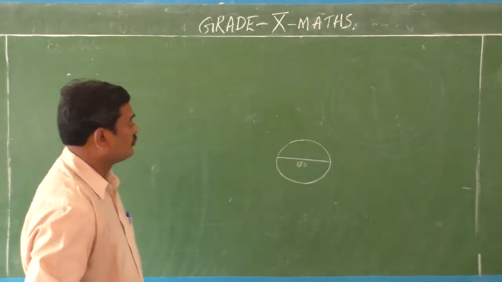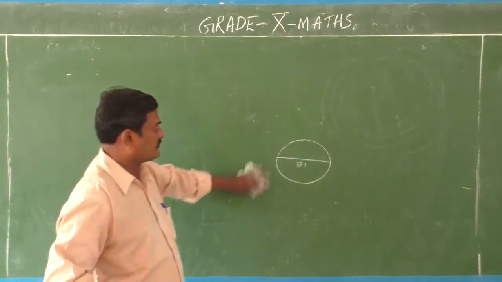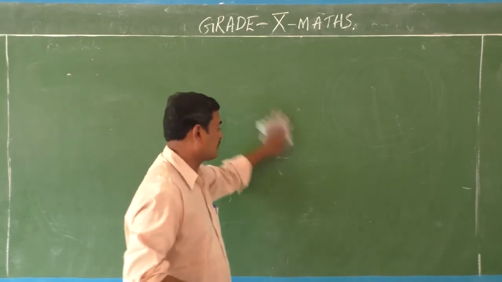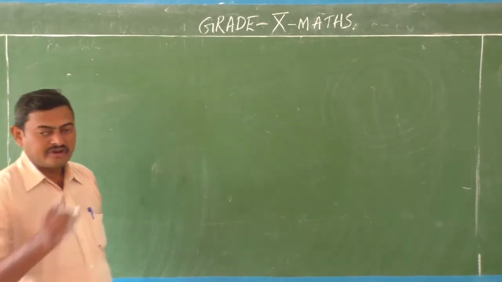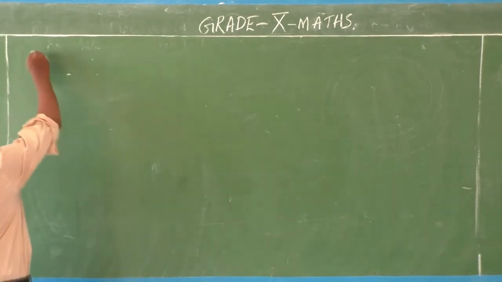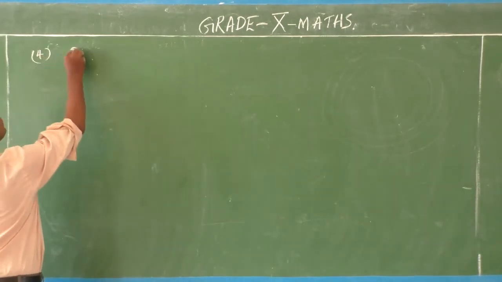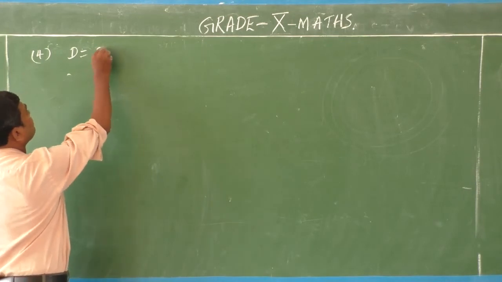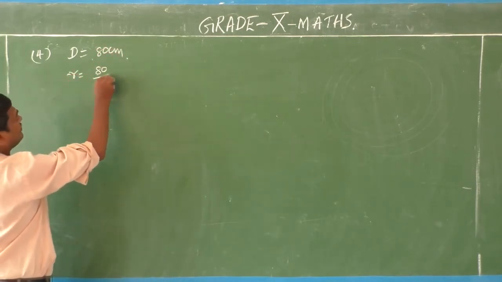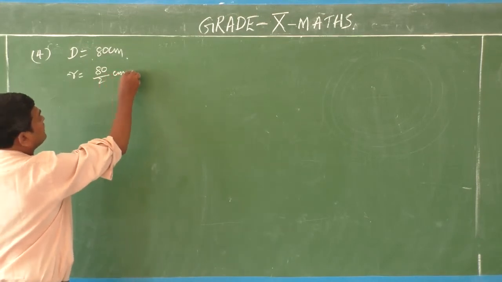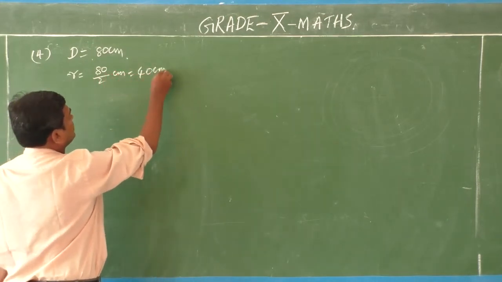Okay. So number of revolutions equal to what is the formula? Total distance travelled in 10 minutes divided by one circumference. First diameter equal to 80 centimeter. Now radius equal to 80 by 2 centimeter, that equal to 40 centimeter.